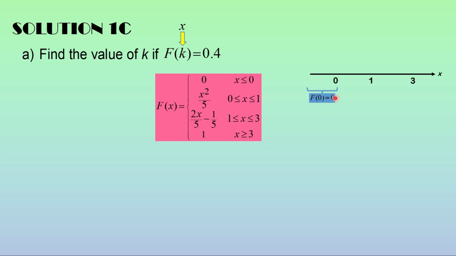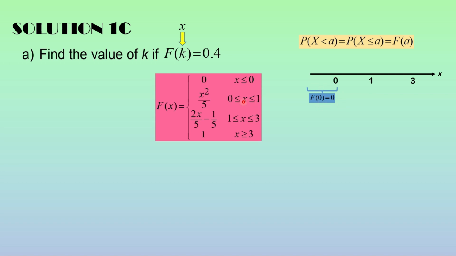Remember, F of 0 is equals to probability x less or equals to 0, which means the probability from negative infinity to 0 is equals to 0. This is not what we're searching for. Continue until we get the probability 0.4.